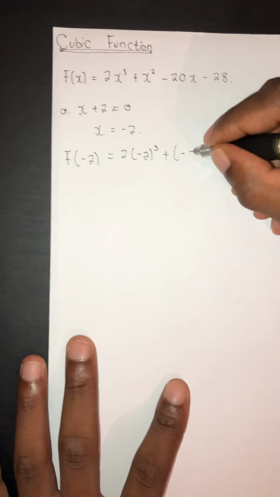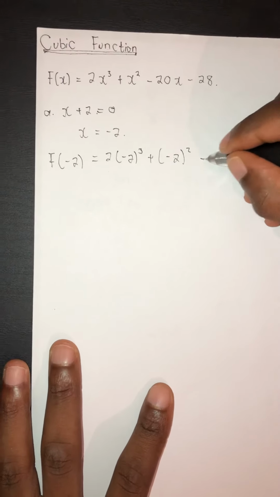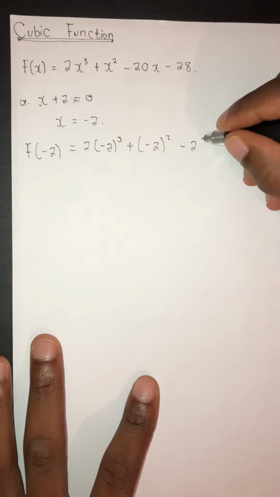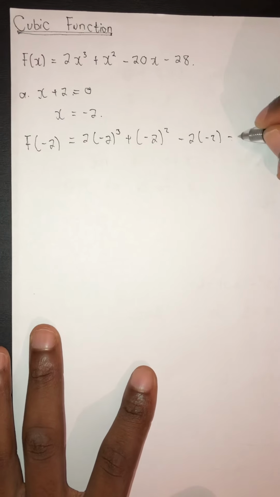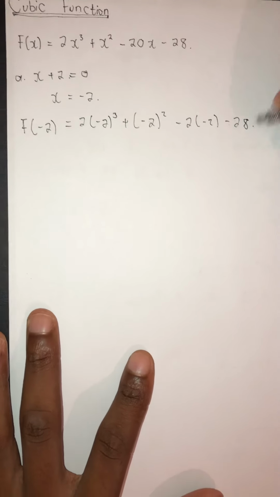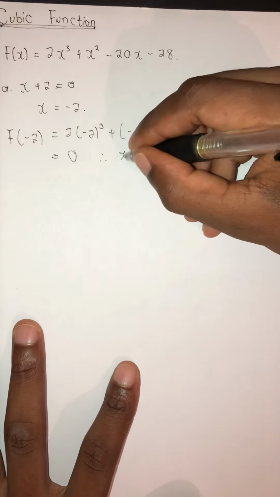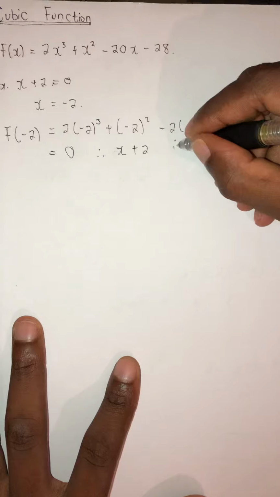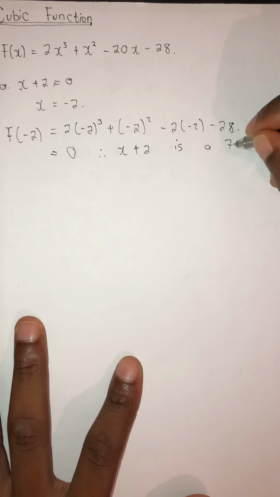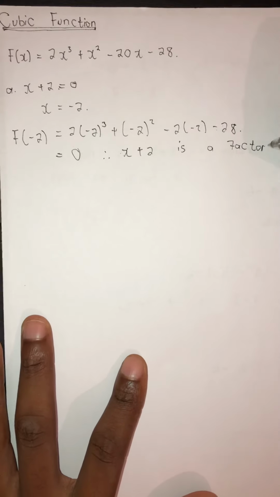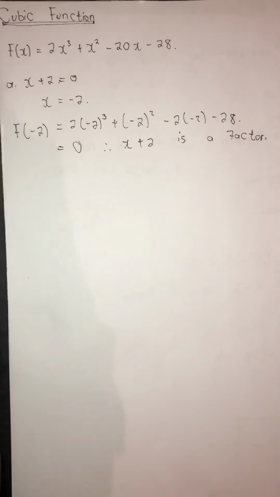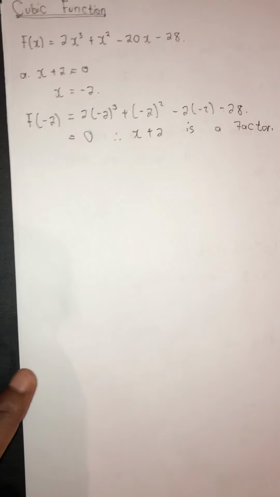If we don't get a 0, then we have a remainder, which means x plus 2 is not a factor. If you do this on your calculator, it will give you a 0, hence x plus 2 is a factor. That's how you show that x plus 2 is a factor.